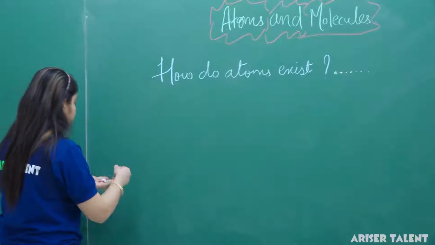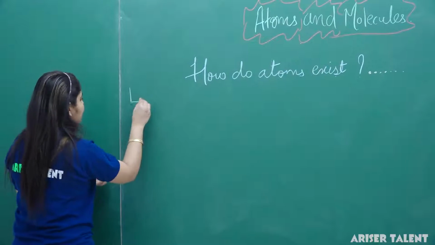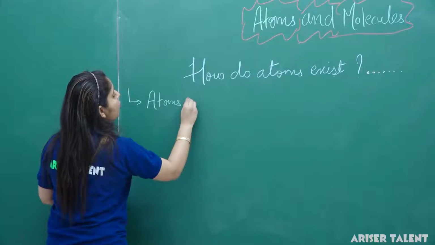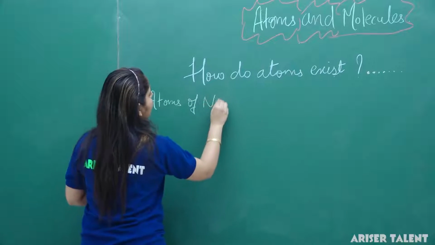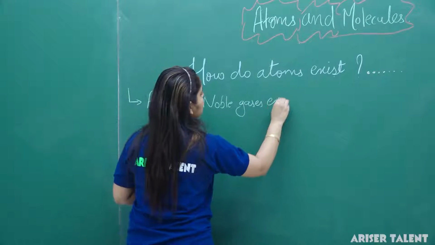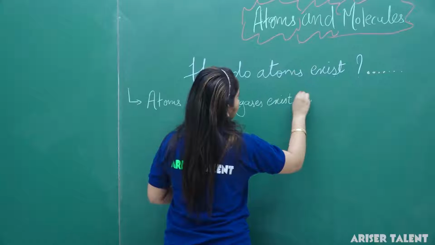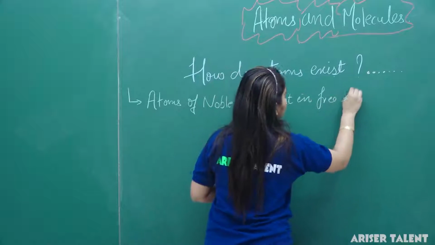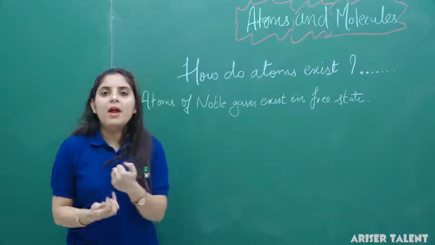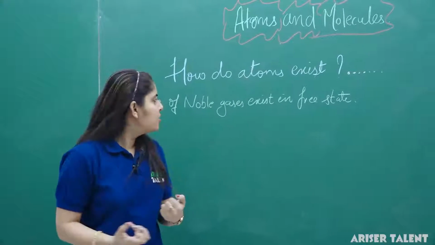So the first point we have is, atoms of noble gases exist in the free state. So how do atoms exist in nature?